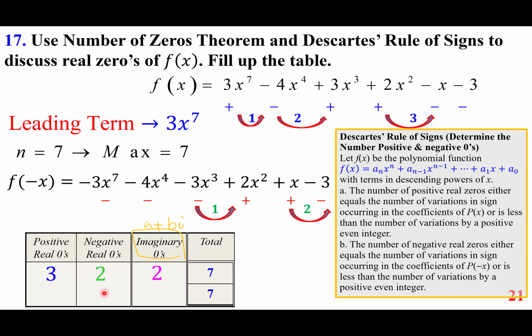This can go down to 0. So 3 goes down by 2 becomes 1. 2 goes down by 2 becomes 0. 1 and 0 add up to 1. So we need 6 more zeros to make up 7. That's how this thing works, everybody. This is Descartes' rule of signs.